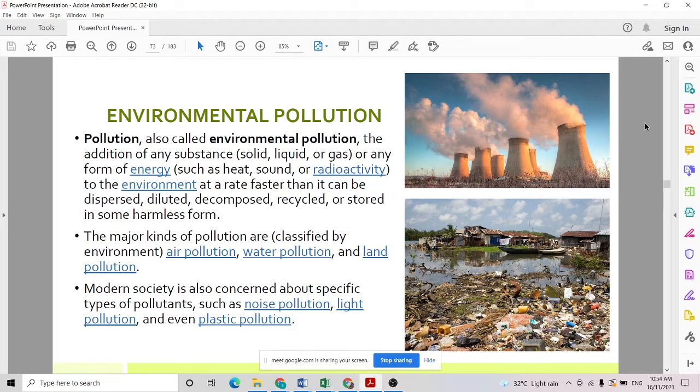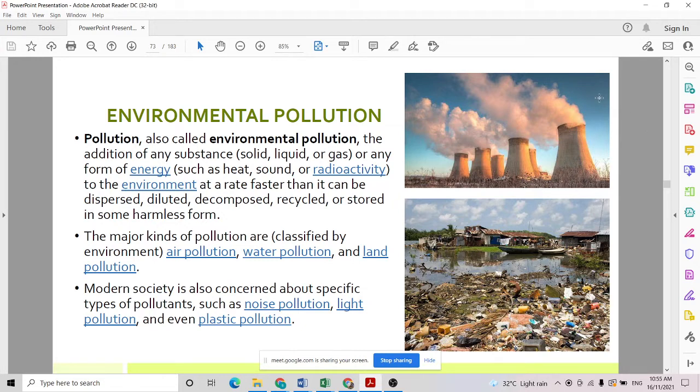Basically, any substance, including solid, liquid or gas, or any form of energy, released into the environment at a rate faster than it can be dispersed, diluted, decomposed, recycled, or stored in some harmless form, we call it pollution.